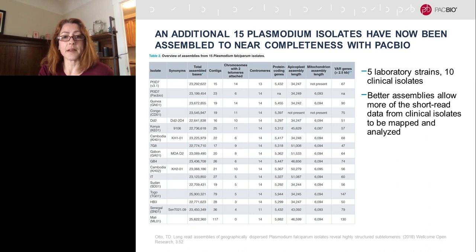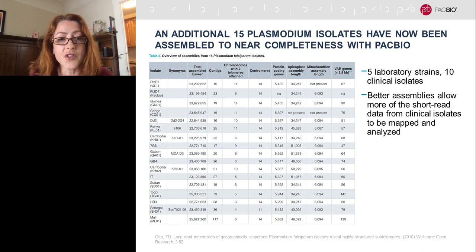After the genome assembly was published, an additional 15 Plasmodium isolates were later assembled, also with PacBio technology and also to near completeness. In this case, 5 of these were laboratory strains, and 10 were clinical isolates.